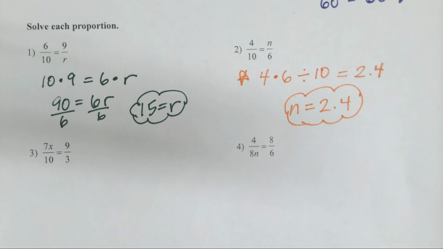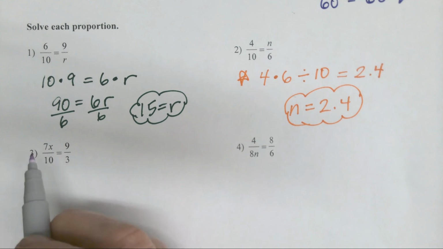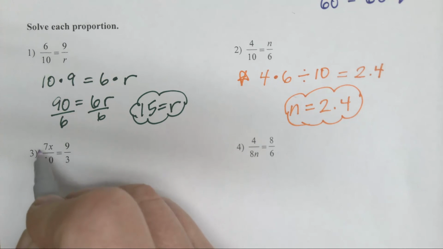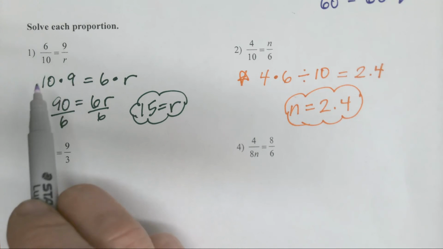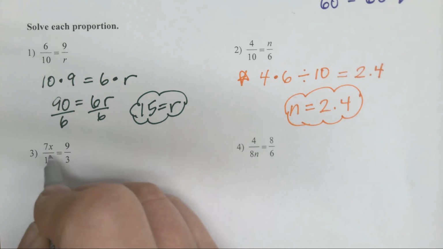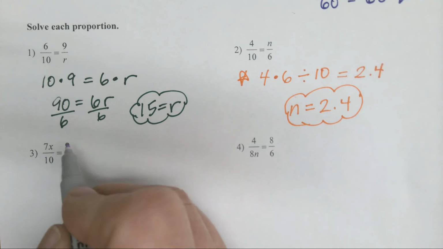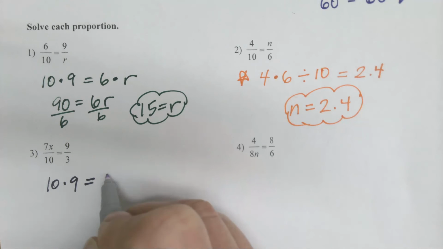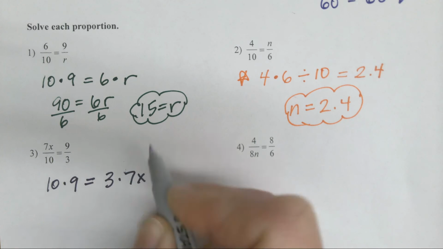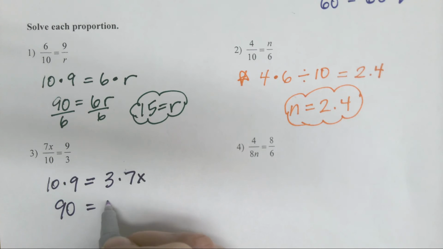When I look at a problem like number 3, that 7 is in front of the x, so I'm going to have to go back to this solving equation form. But what I do is the same. This is 10 times 9 equals 3 times 7x, or 90 equals 21x, and then I can do my division.